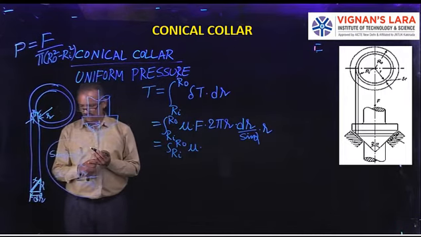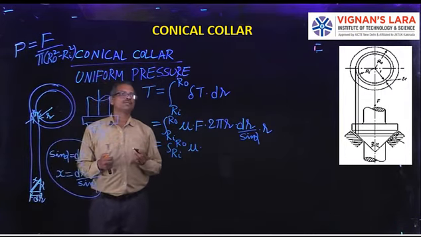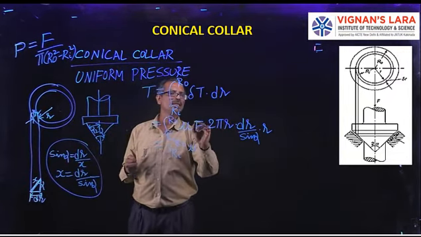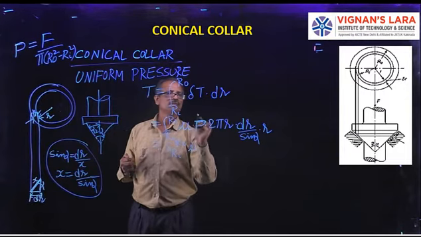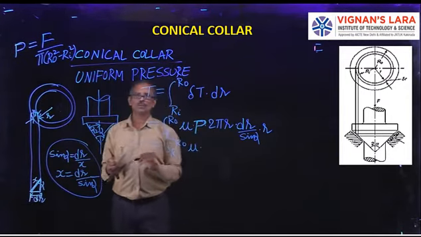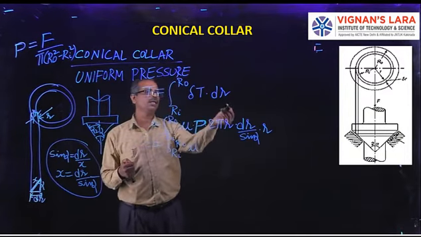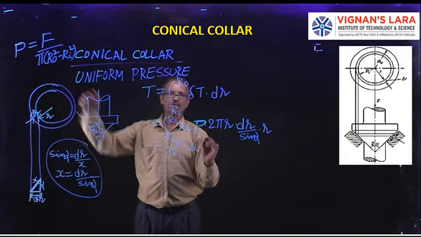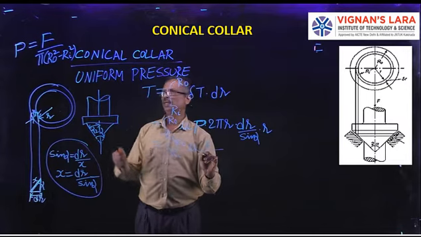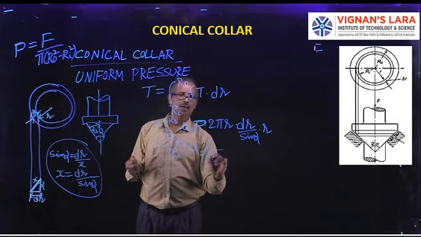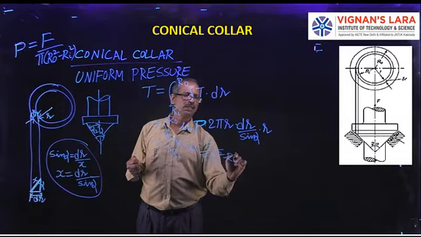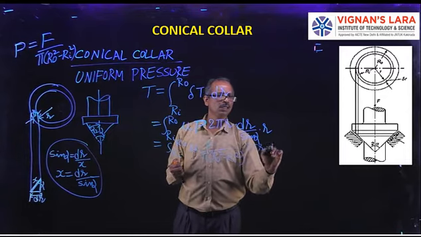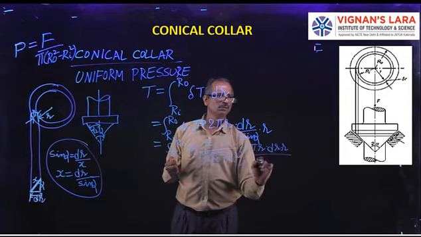That is in case of uniform pressure theory. The area is 2 pi r dr, no? Because we have written delta T, this is the pressure into area. So that is mu P, where P is F by pi (R naught square minus Ri square), times 2 pi r dr, times r by sine alpha.